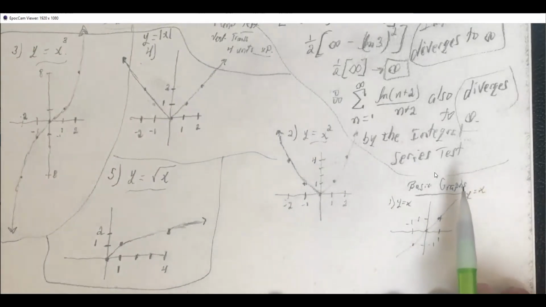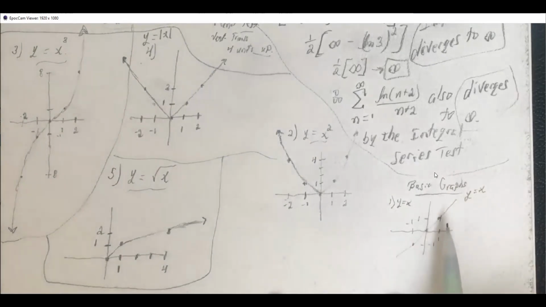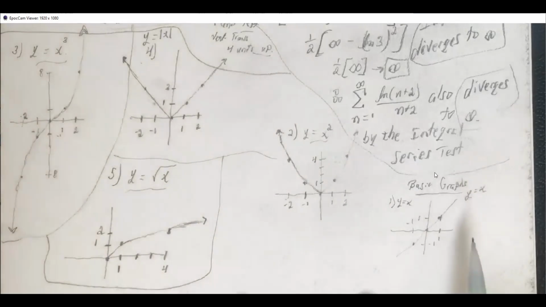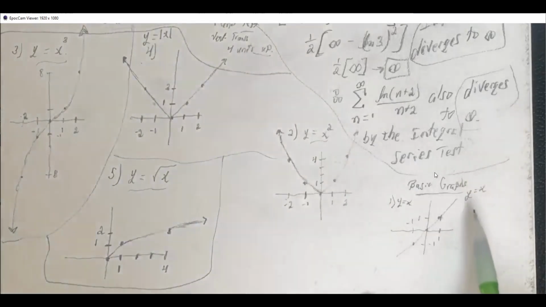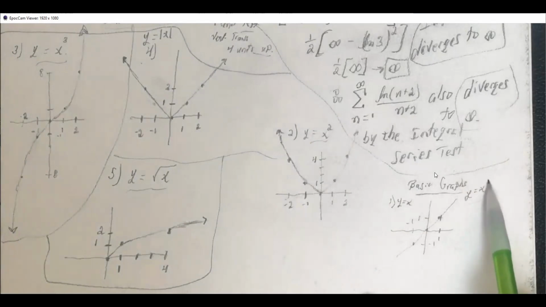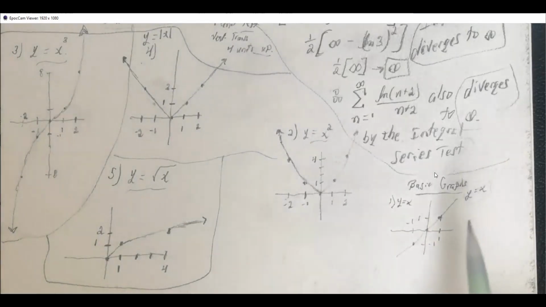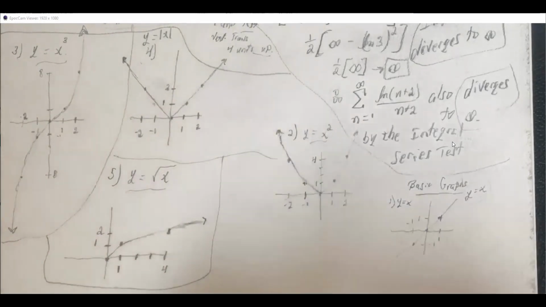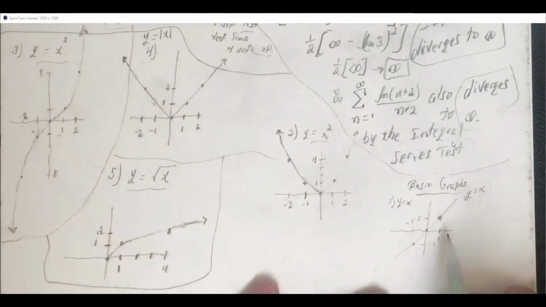Okay, so looking at the first graph, I just called it number 1, no particular order. We have here the basic equation of a line, the originating line or linear function, and it's y equals x. Sometimes they call that the parent function for a line. The thing I want to point out is the following.